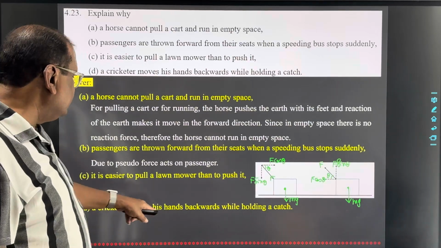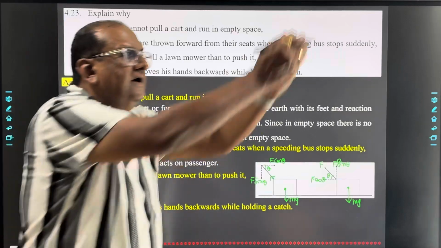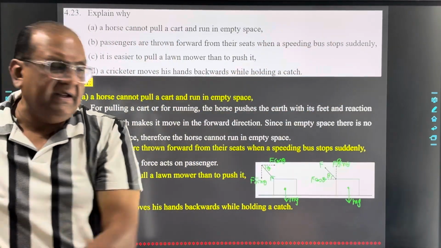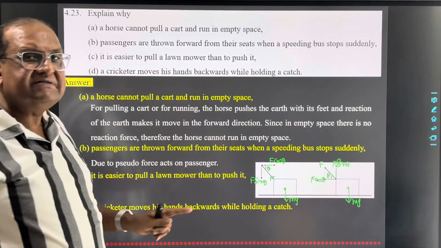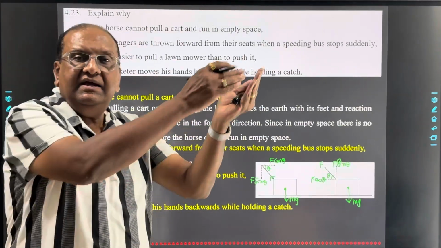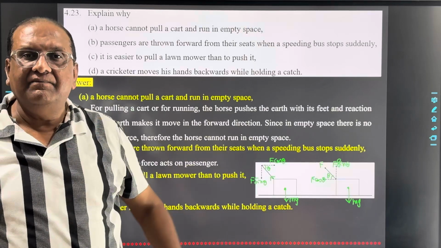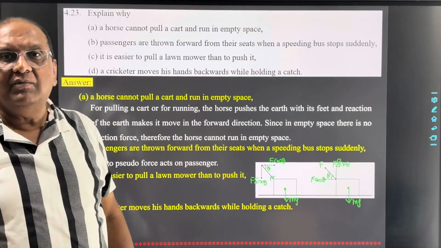Then D. A cricketer moves his hands backwards while holding a catch, like this. So when the cricketer moves his hands backward, at that time he increases the time interval for the change in momentum.